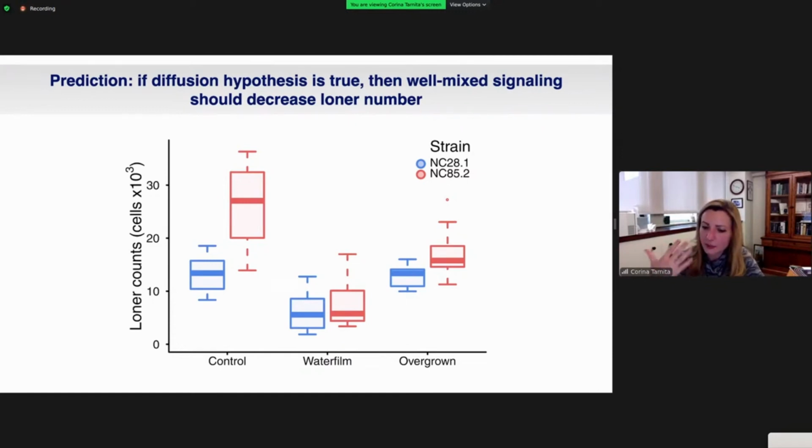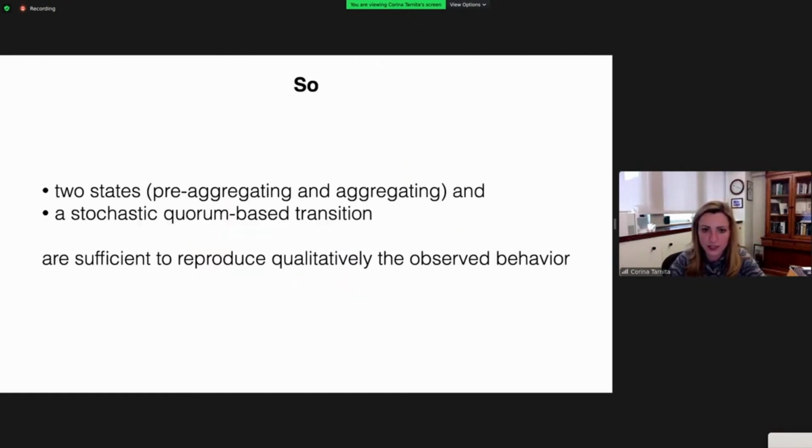And we see a reduction in the number of loners, even though after we put them on the plate, the conditions are the same as in the control. All we change is what happens to them as they grow without any kind of spatial structure. That really convincingly shows that the partitioning behavior in this population happens very early, as soon as they sense the very first stages of starvation, before any of the spatial structure. There's already a beginning of a process of partitioning, which we thought was interesting and exciting.